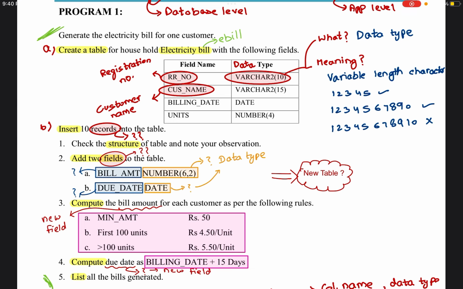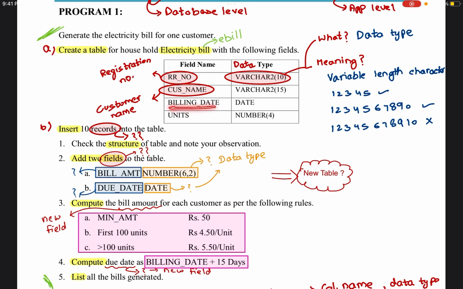Same here, this is variable name and data type. For registration number we have data type varchar. Varchar means a character with a variable length of 10. From 1 to 10 characters in length we can give the registration number. We'll see examples. Customer name, same varchar.